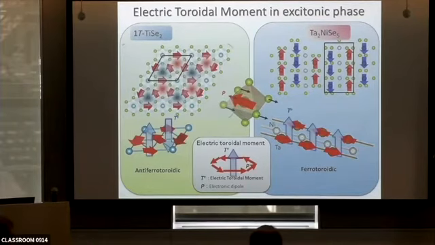Interestingly, the arrangement of toroidal moments is antiferroic in titanium diselenide and ferroic in tantalum nickel selenide 5. An electric toroidal moment responds to oscillating external fields, while a magnetic toroidal moment responds to static external fields. However, we have not succeeded in observing this response phenomenon at present.